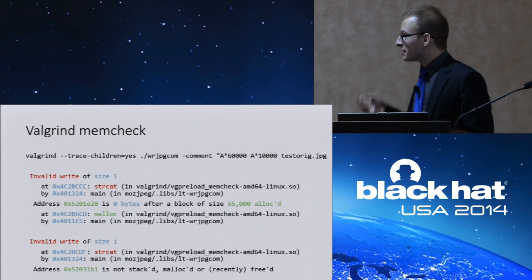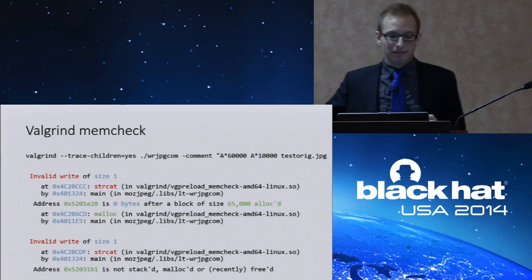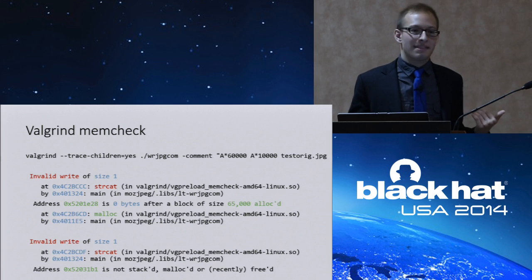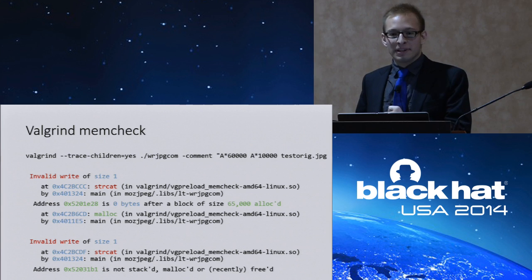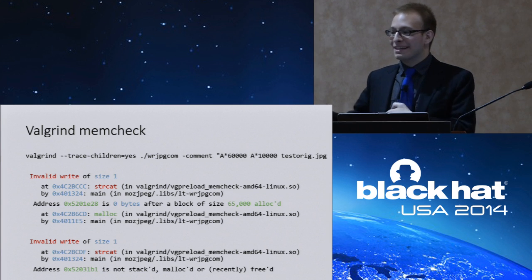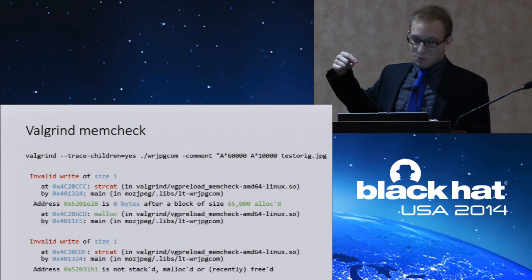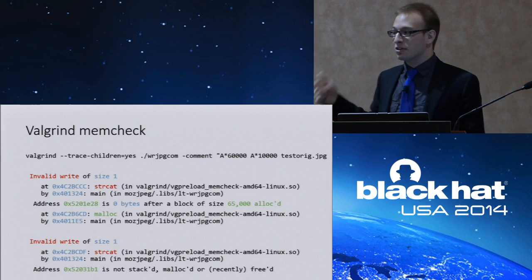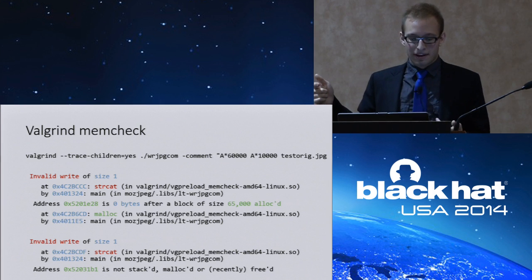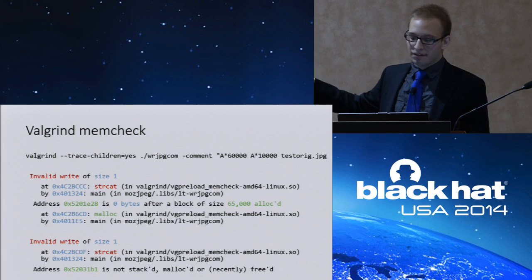Here's the same thing for the second vulnerability. Here we pass in a 60,000 byte string of A's plus another 10,000 string of A's. And so we exercise the second code path where it's appending the second argument to the end of the first argument on the heap. We actually see in this iteration both calls to strcat in the output.